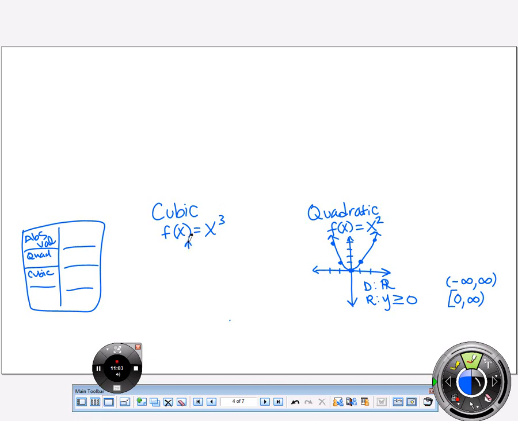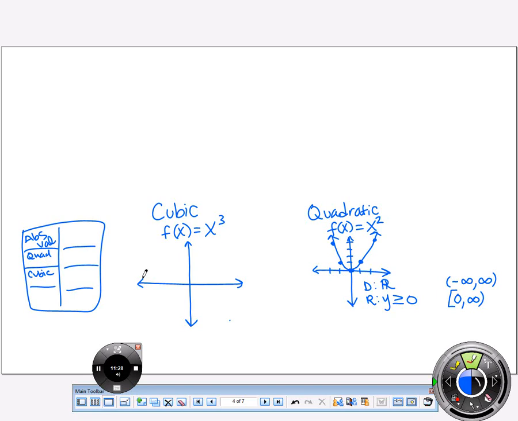Now this doesn't have a vertex in the traditional sense. It doesn't have one place where the graph completely turns around like the absolute value and the quadratic function. However, we want the point that's considered the vertex in a different sense, like the point that everything kind of revolves around, because when we stretch and compress stuff, we always stretch it from the vertex point, right? So we still have to know what that main point is.